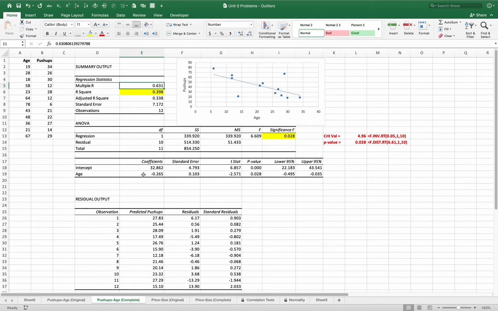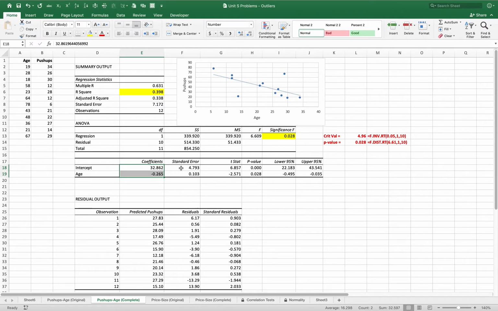All right, let's take a look at the bottom here. And we calculated these guys by hand. So there's your regression equation for the line. It's y hat, or push-ups hat, is equal to 32.862 minus 0.265 times x, or age, right?